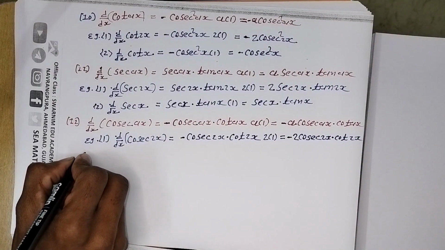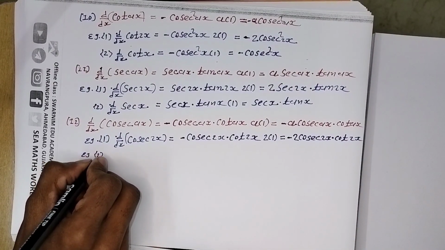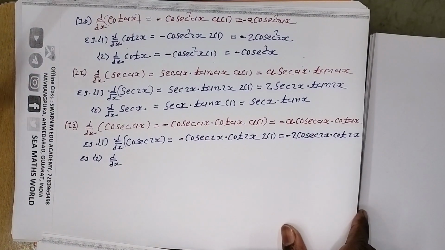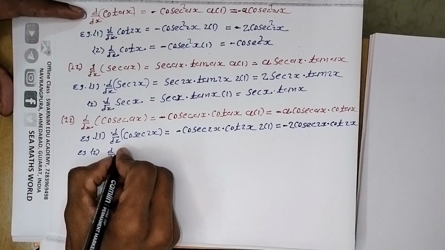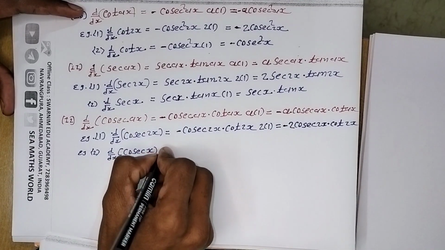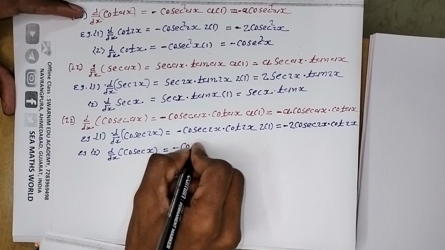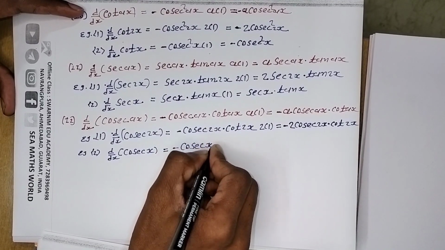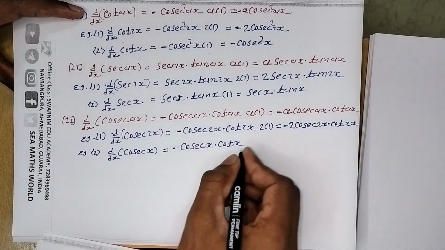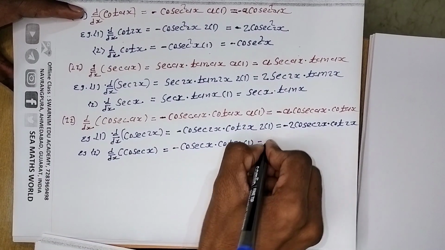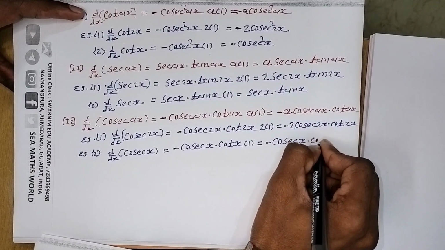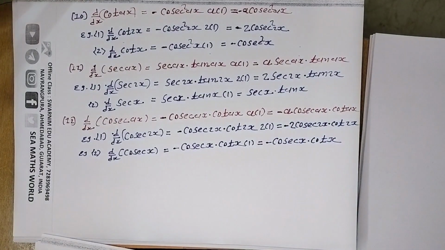One more example: differentiation of cosec x is equal to minus cosec x into cot x. Here the angle is x, its differentiation will be 1. So finally minus cosec x into cot x.